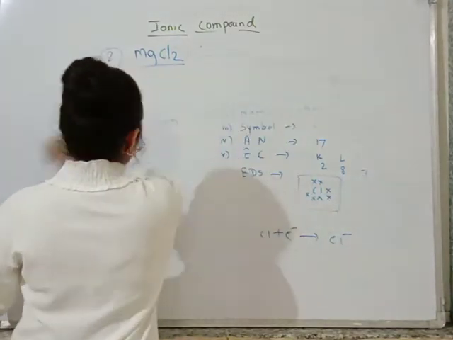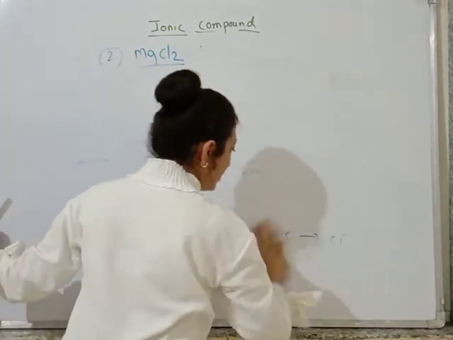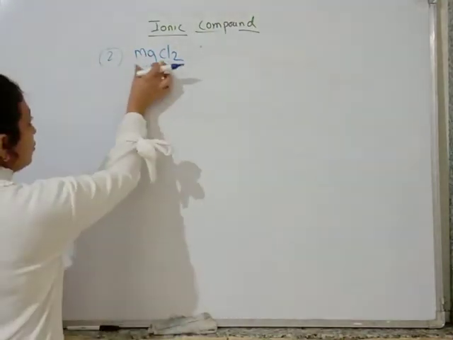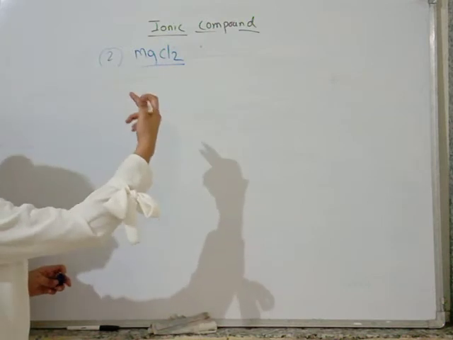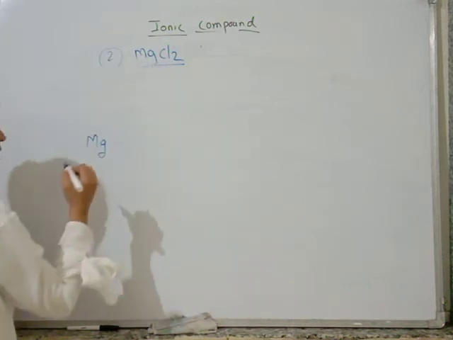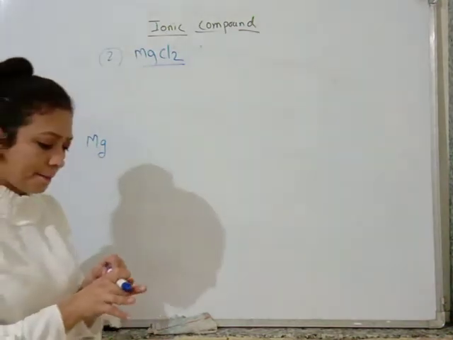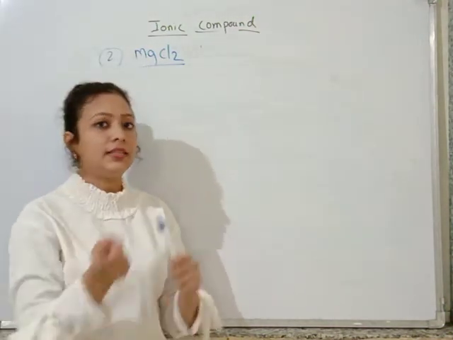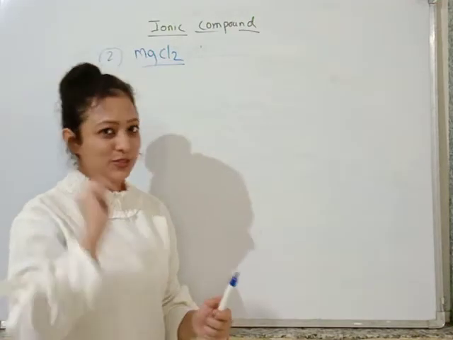Step 3 is very simple. Look at the formula of the compound first. So here the Mg, so we will write Mg here. Now how many electrons were there in an outermost shell of magnesium? Just recall the electronic configuration. So it had 2 electrons.